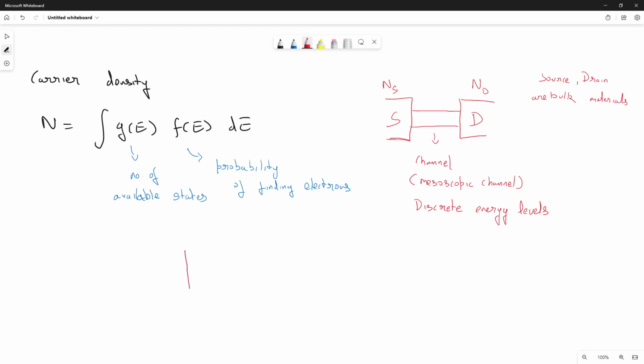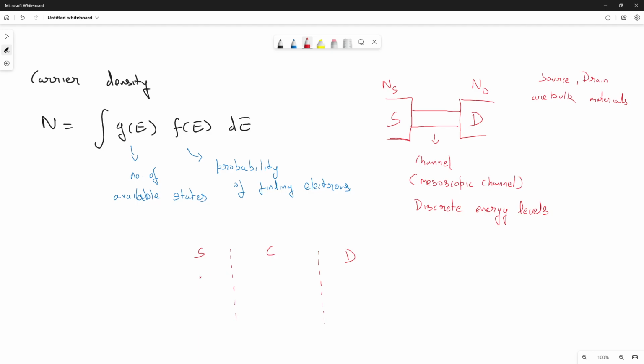On the one side, for simplicity's sake, let me have two dotted lines. I'm just thinking of how to draw this correctly. Over here, this is the source side, this is the drain side, and this is the channel in between.